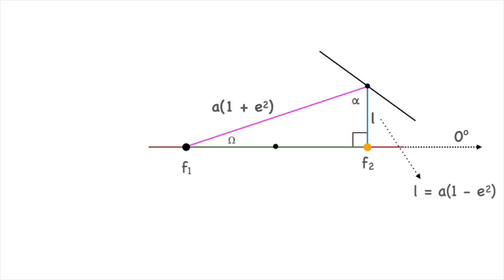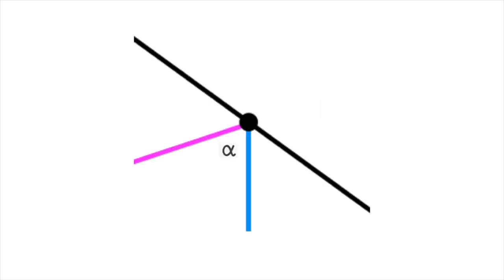Okay, let's zoom in. Here's the angle alpha in close-up, and let's consider two other angles, 1 and 2. As a direct consequence of the properties of ellipses, it turns out that angles 1 and 2 are equal.